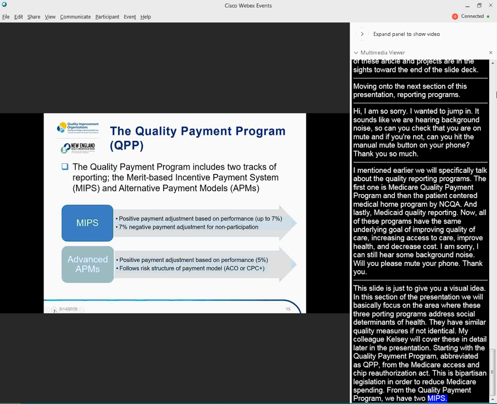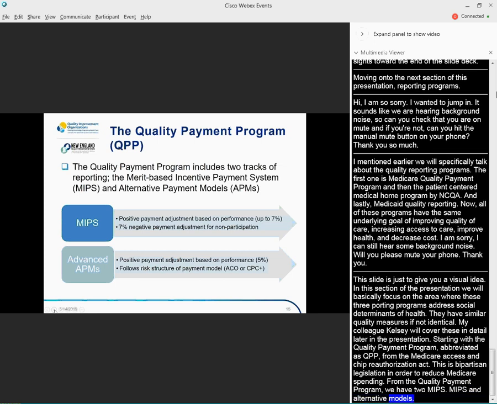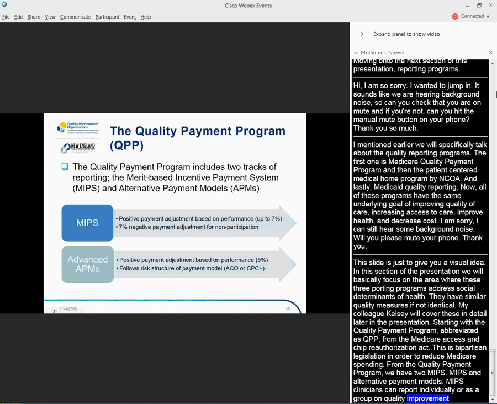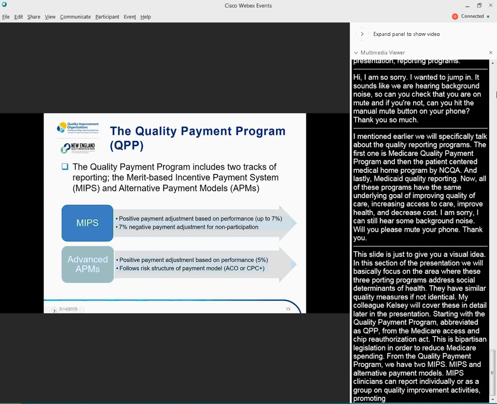Reporting via MIPS includes MIPS-eligible clinicians who are not part of an accountable care organization or larger health system. These clinicians can report individually or as a group on quality, improvement activities, promoting interoperability, and cost category, and get scored based on their performance.